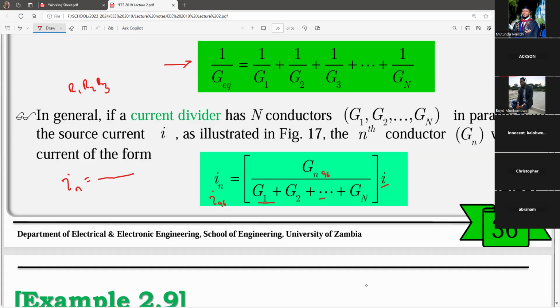So in short, the Req of R1 and R3, divided by the sum, the equivalent resistance of all the three resistors, multiplied by the supply current. This should give you the same answer as using equation 2.20.